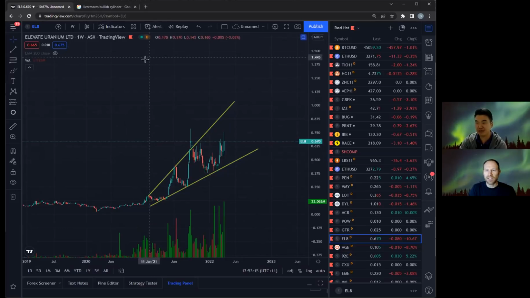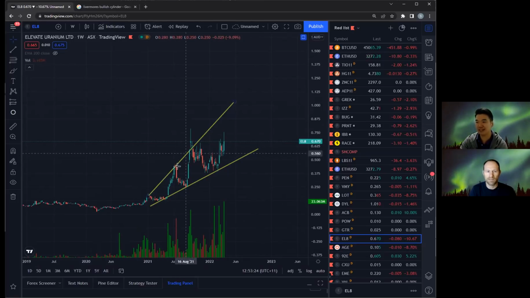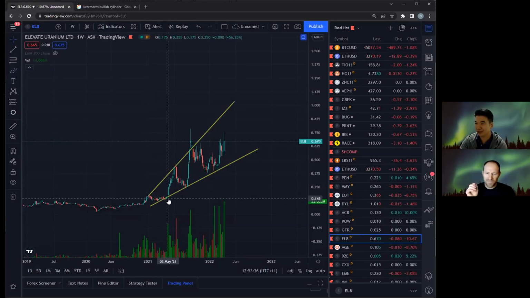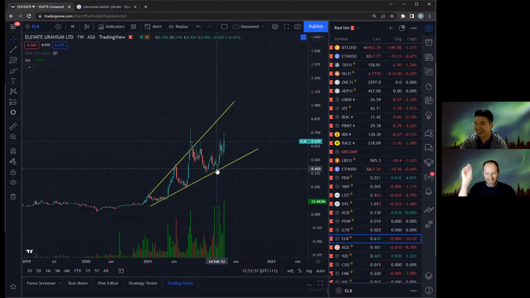Typically with the Livermore cylinder, you can check out pretty much any stock, like Apple before it ran really hard, like Bitcoin when it ran really hard. A lot of them show this pattern forming at the beginning of the bull market. If you look at this, it's 1, 2, 3, 4, 5, 6, 7 is the last touchdown, and then 8 is the liftoff, right?